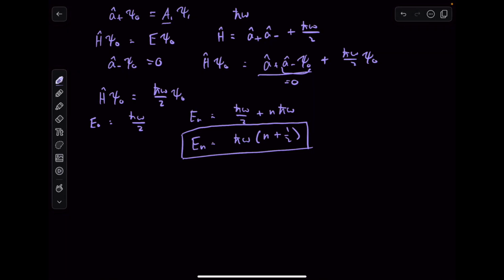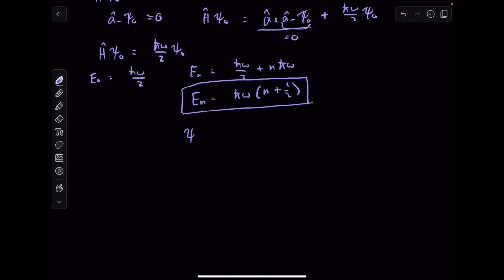And our ground state is equal to mass times omega over pi h bar to the 1/4, and then this exponential here.